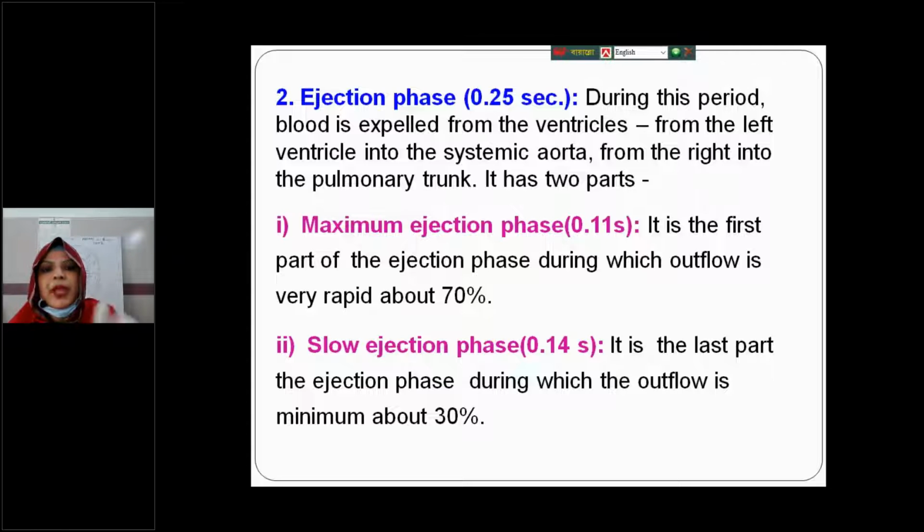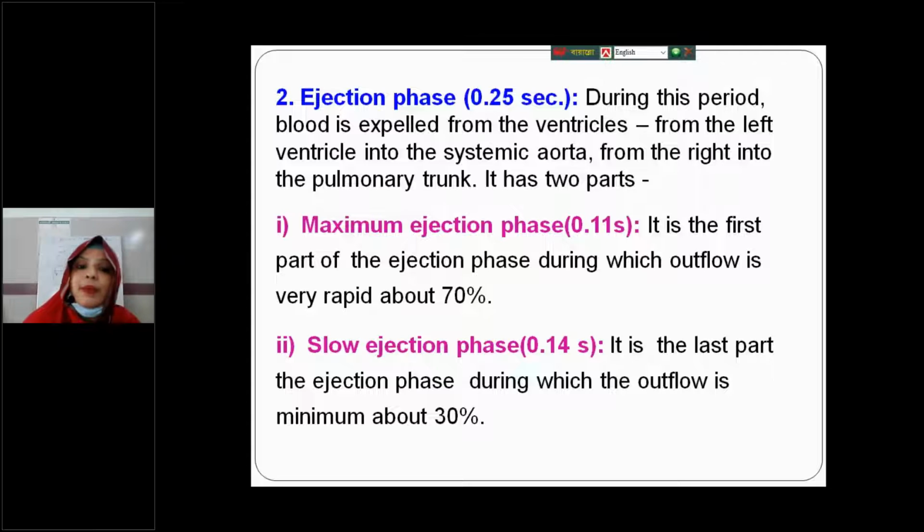Maximum ejection is the first part of the ejection phase, during which outflow is very rapid, that is, 70% of blood is pushed towards the pulmonary artery during the first phase, the maximum ejection phase. This is a very important MCQ question. How much blood passes in the maximum ejection phase? 70% of blood, according to your textbook Guyton and Hall, is pushed from the right ventricle towards the pulmonary artery, and also from the left ventricle towards the aorta.